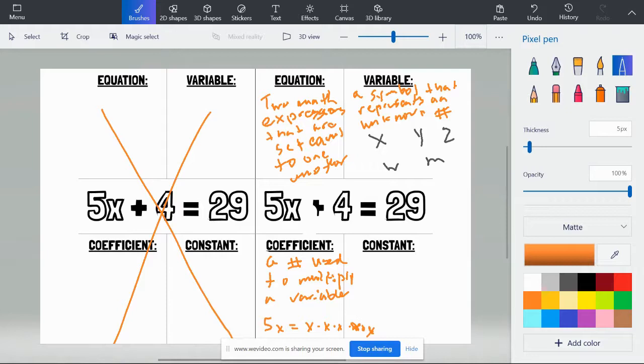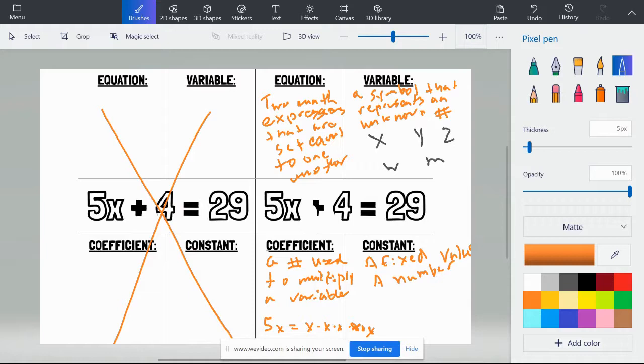And the last thing, a constant, is going to be a fixed value. Oh, okay, you're missing my E there, but a fixed value, it's just a number. So if you see a number off by itself, you have a constant. Okay, it's a fixed value or a number.